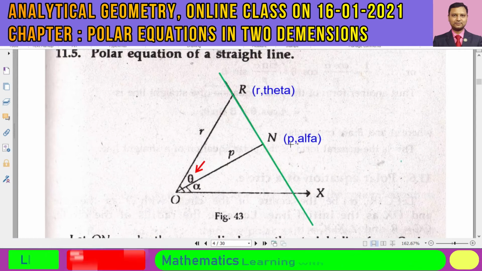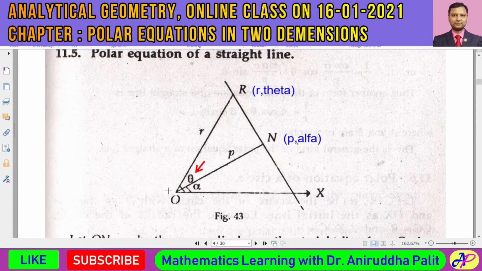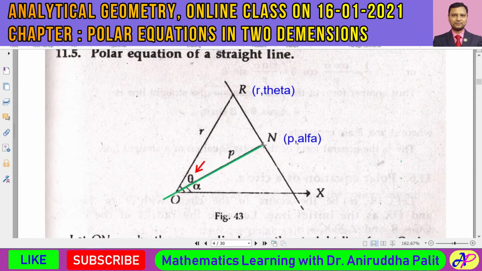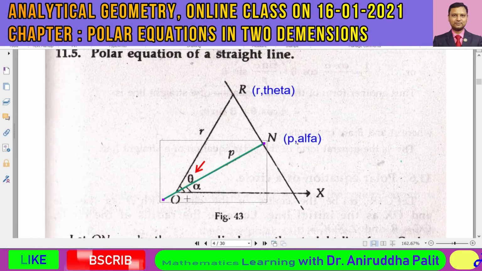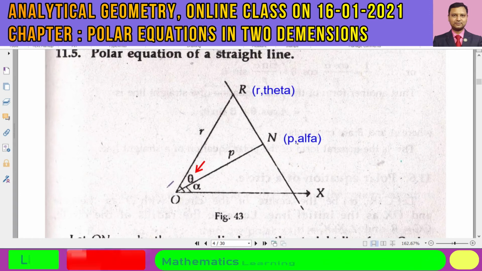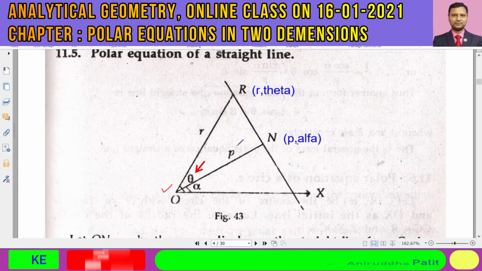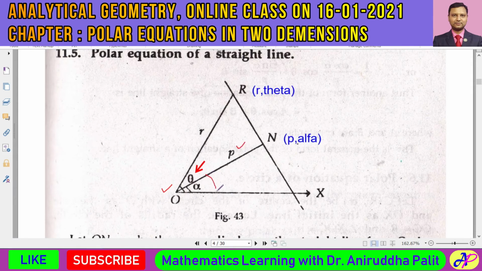On this straight line we draw a perpendicular line from the origin, or the pole O. Suppose this perpendicular distance is equal to p, and this angle is equal to the angle alpha.